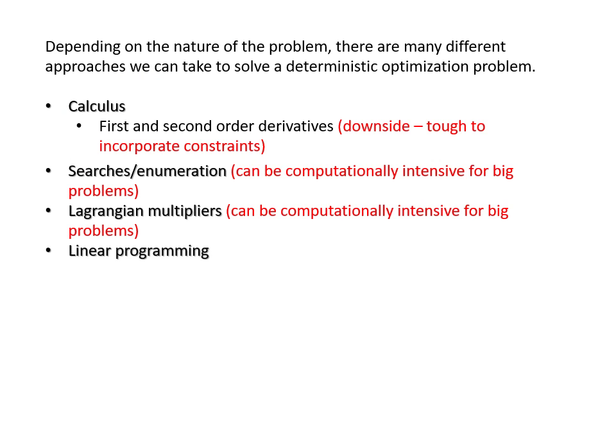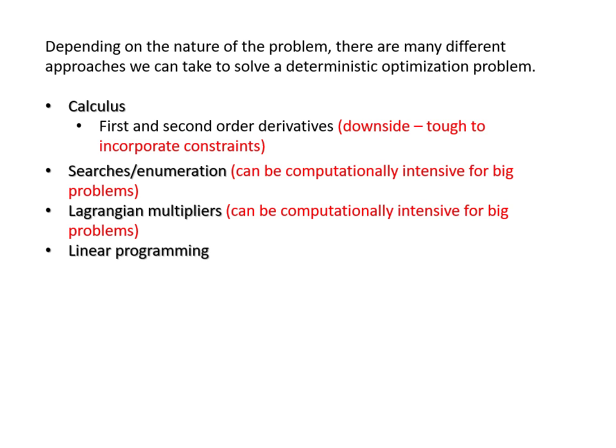So Lagrangian multiplication or Lagrangian optimization can be a useful approach, but it suffers from a similar drawback as searches and enumeration, and that is that it can be computationally intensive for really big problems.